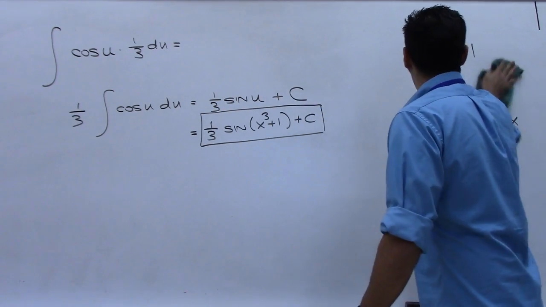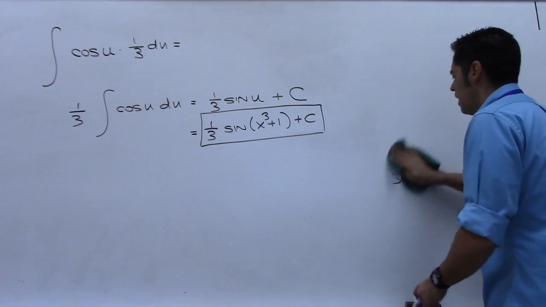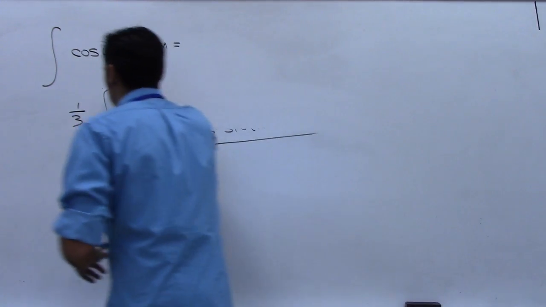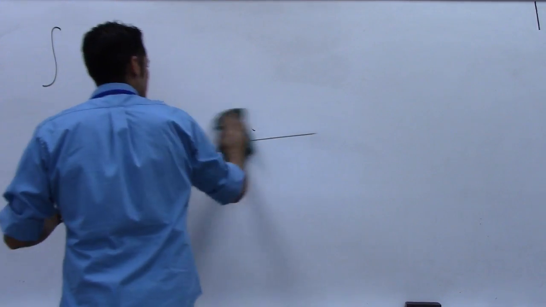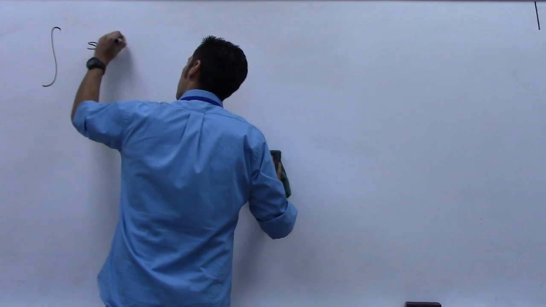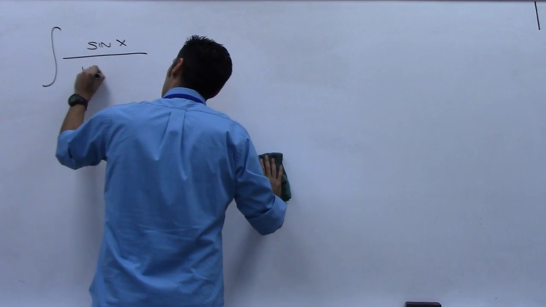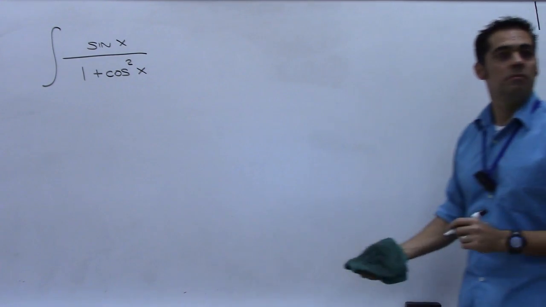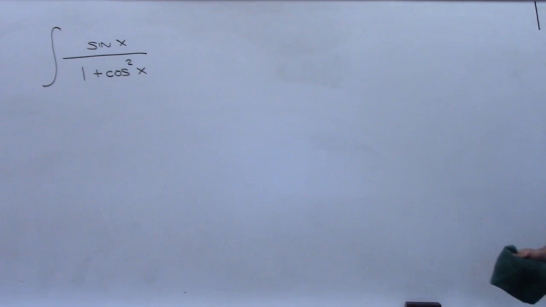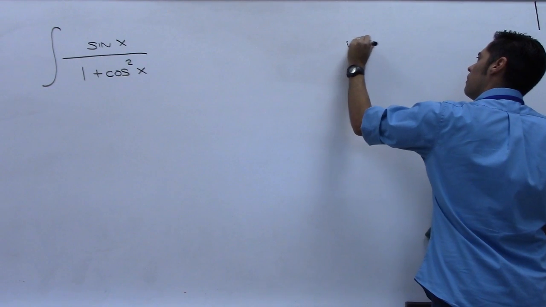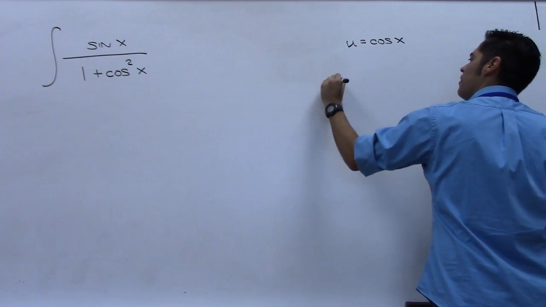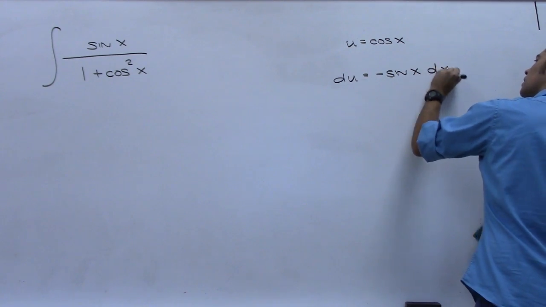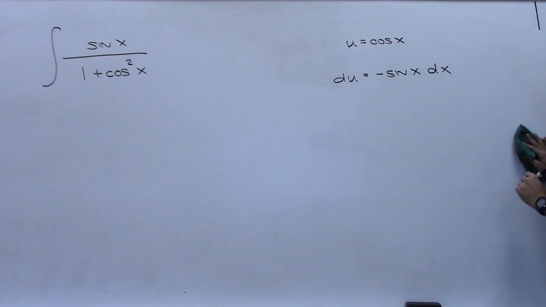All right, so that's that one. Any questions on this? All right, the next one was sine x over 1 plus cosine squared x, right? So use u equals cosine x. The derivative of that is negative sine x. Right?